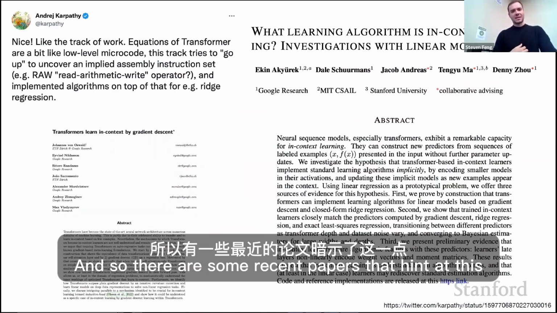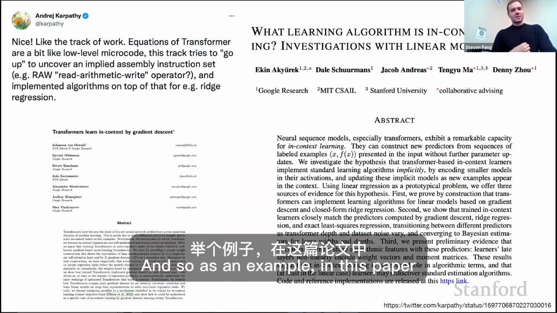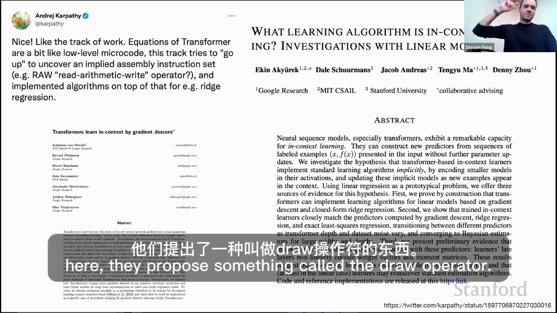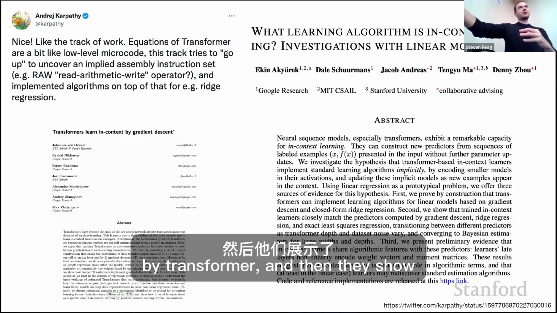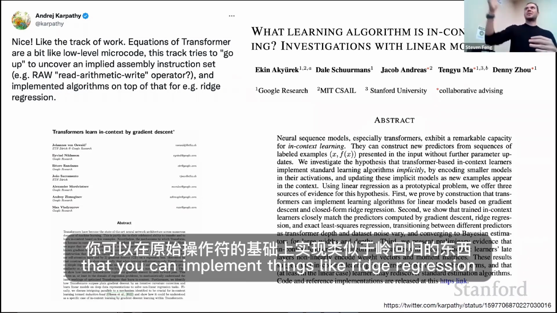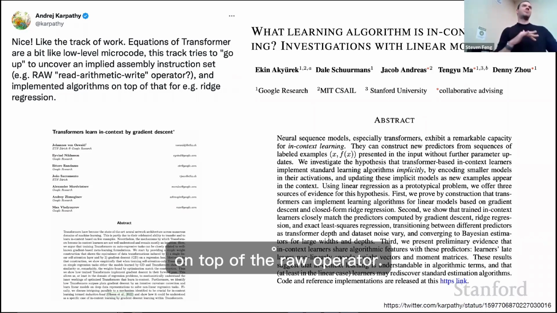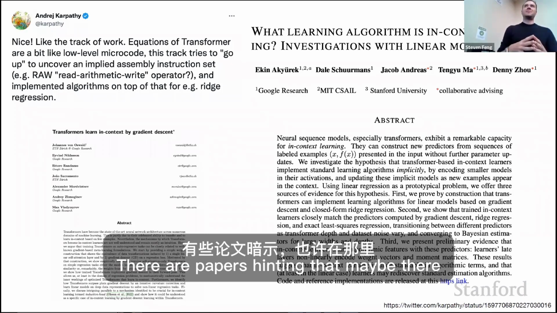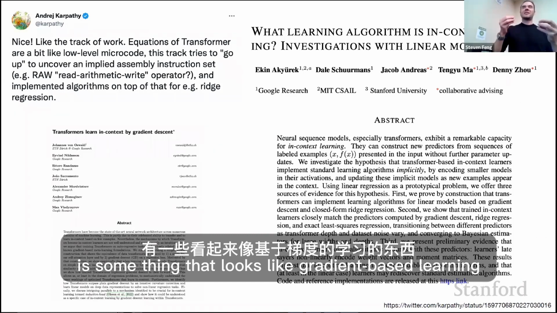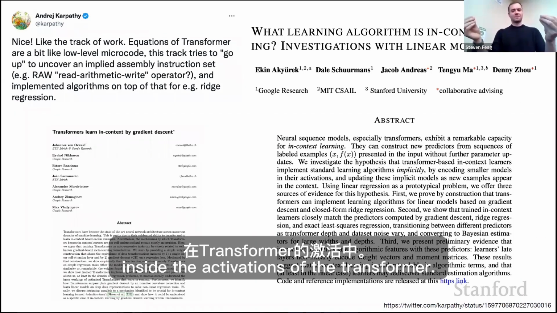There are some recent papers that hint at this and study it. As an example, in this paper here, they propose something called the RAW operator, and they argue that the RAW operator is implemented by a transformer. Then they show that you can implement things like ridge regression on top of a RAW operator. So there are papers hinting that maybe there is something that looks like gradient-based learning inside the activations of the transformer.